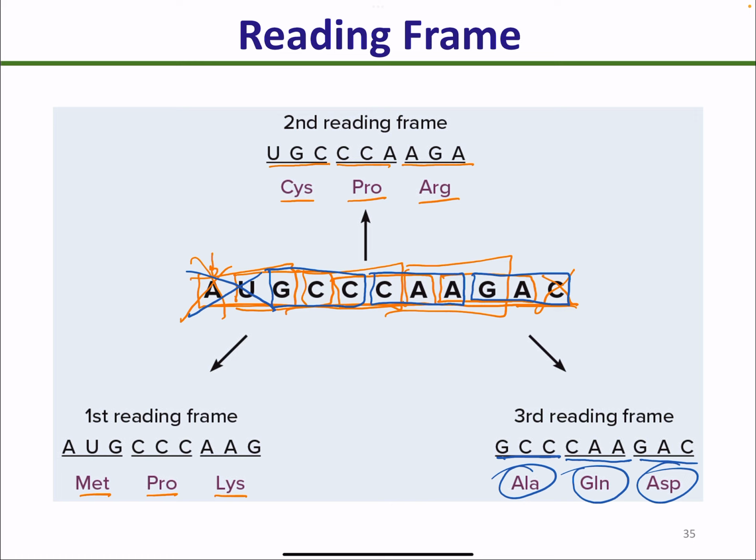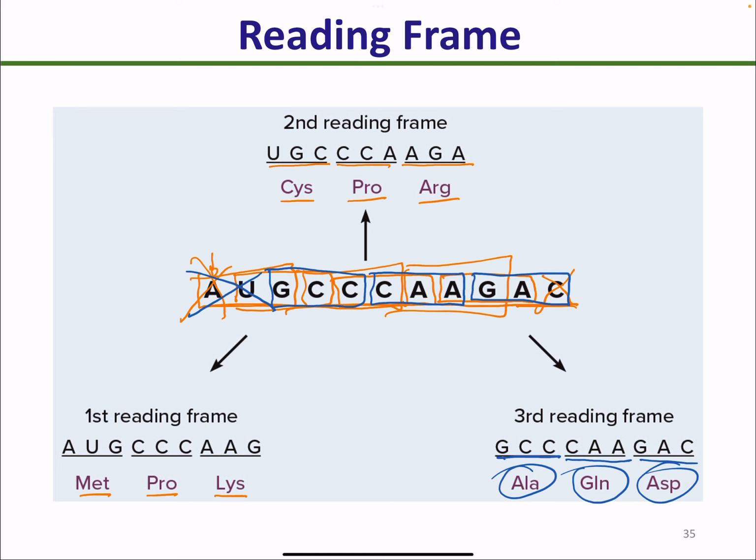Whenever we sequence a genome and we want to know all the different reading frames, we have to actually run these three possibilities. From there, we are going to say that for a given gene, the first reading frame is the most likely compared to the second and the third, or the second is the most likely compared to the first and the third, and so on.